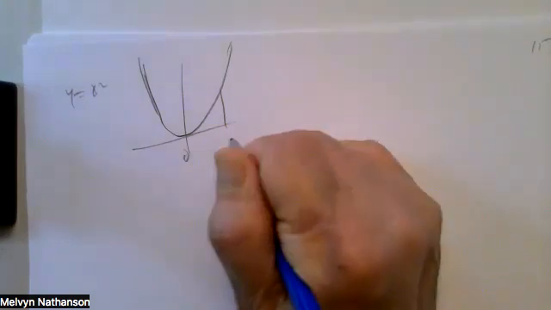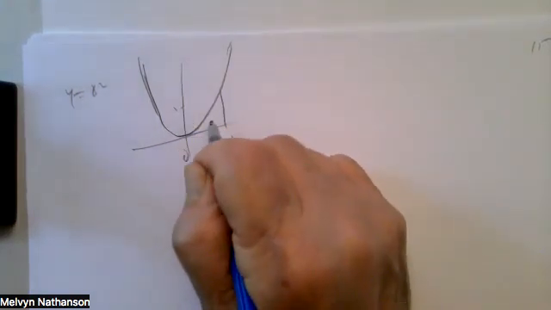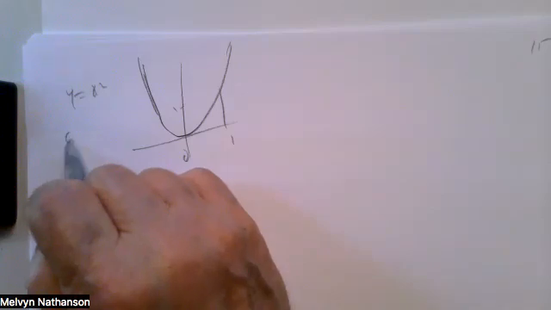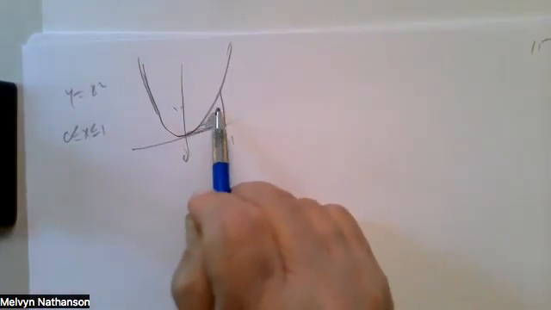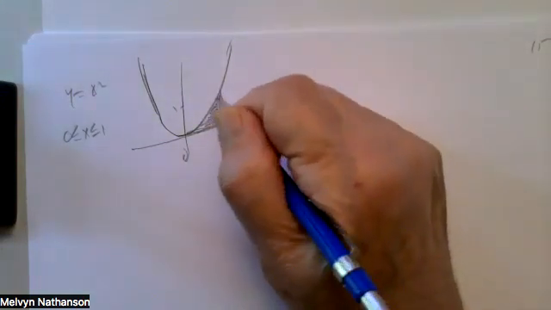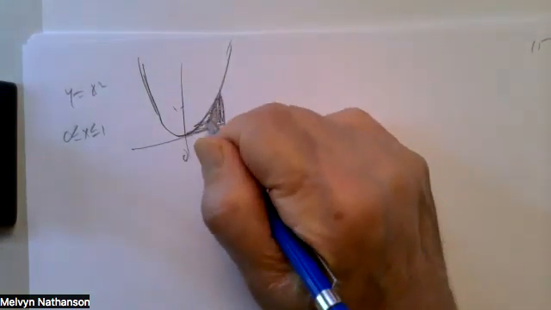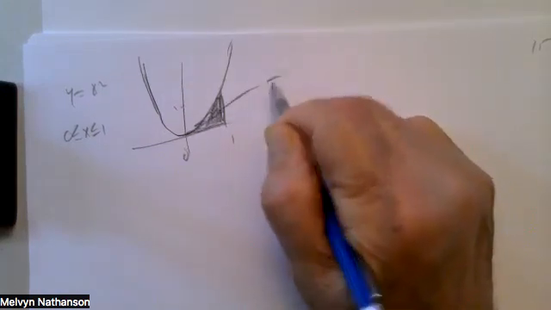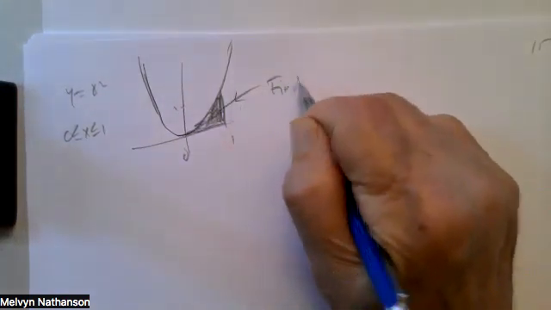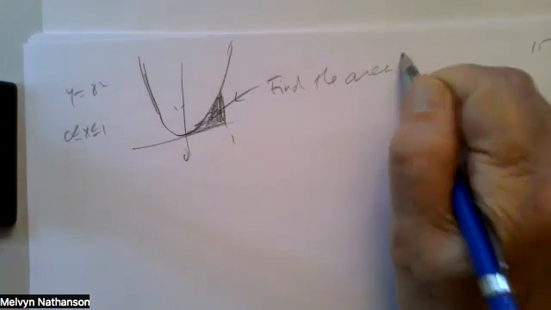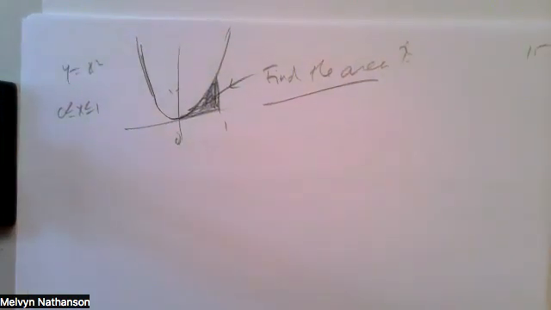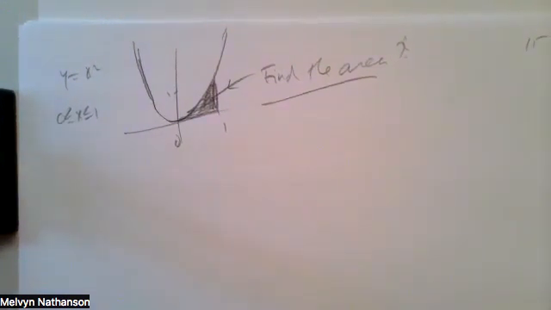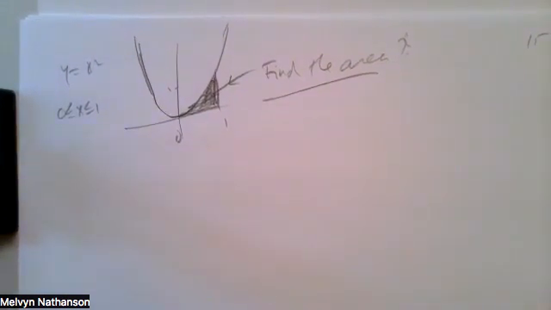And if I look at the region under the parabola for x between 0 and 1, that's this area. Very easy to draw, very easy to graph, but find the area. And that's a problem that you never learned how to do in geometry. And we need calculus to solve that problem.